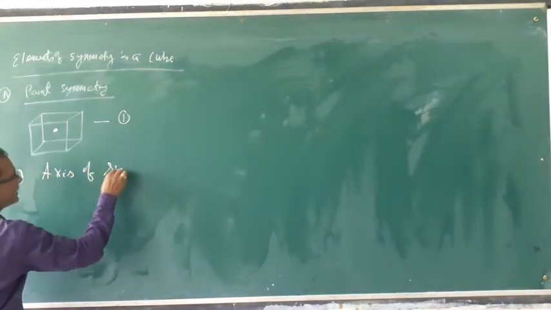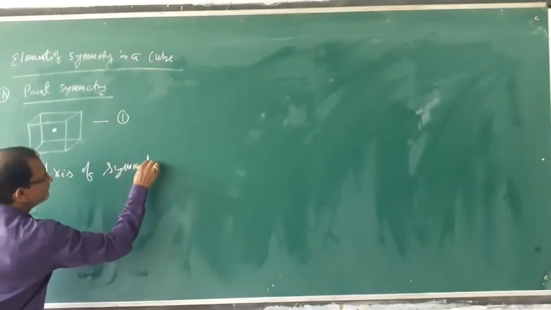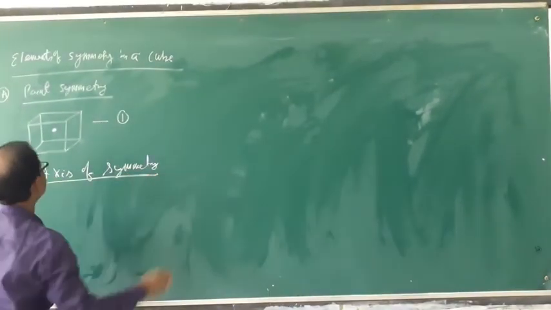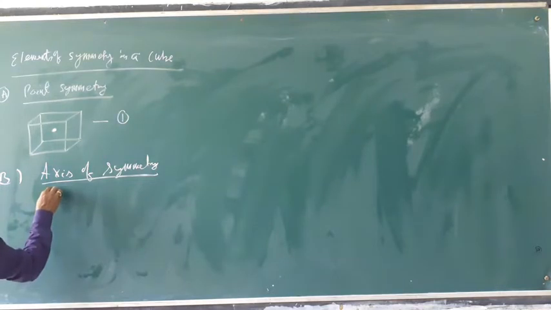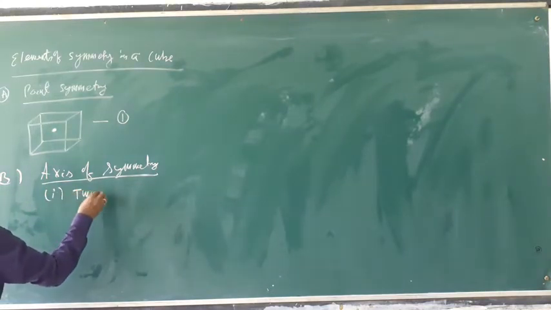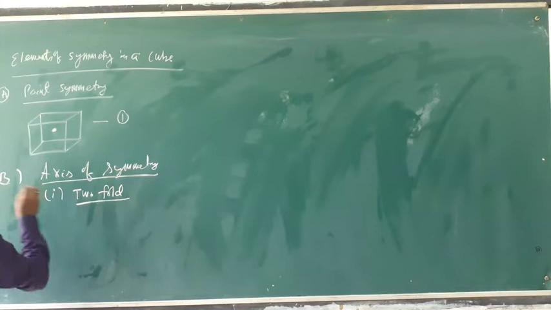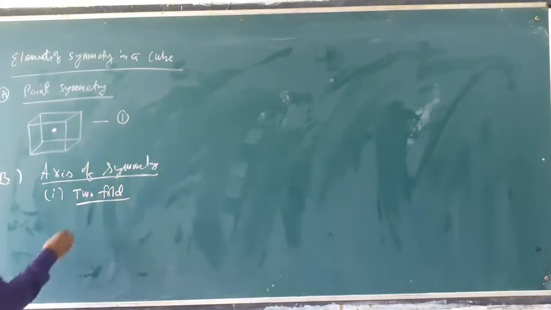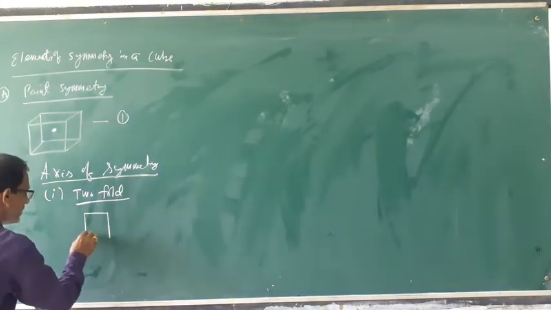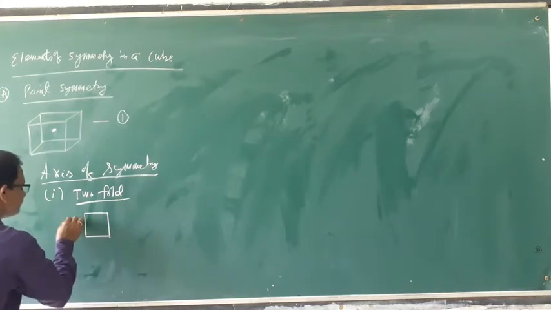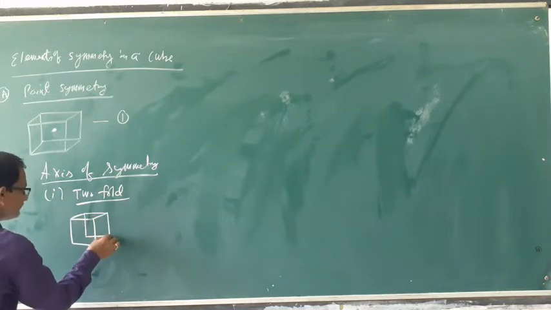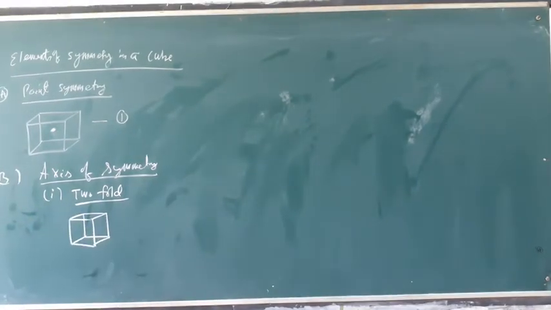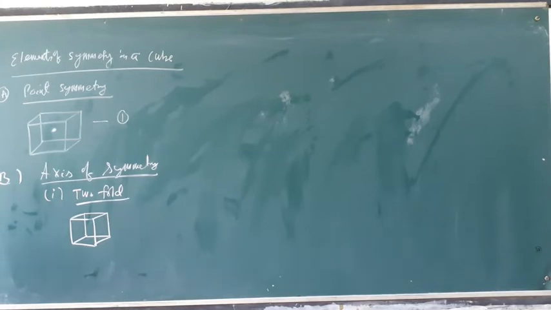Then next is axis of symmetry. In axis of symmetry, taking the cube, it depends upon the view. First is twofold. Twofold means you take the cube, then imagine an axis of symmetry through a particular axis.